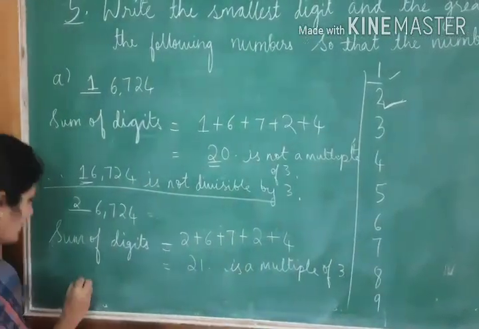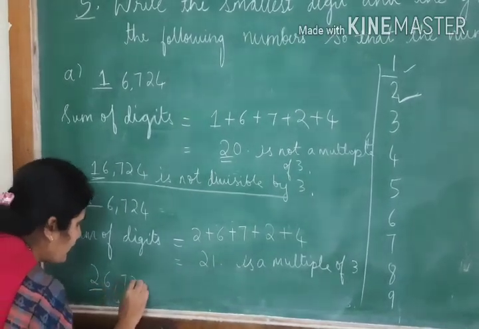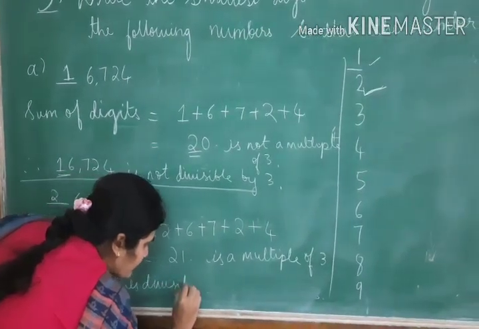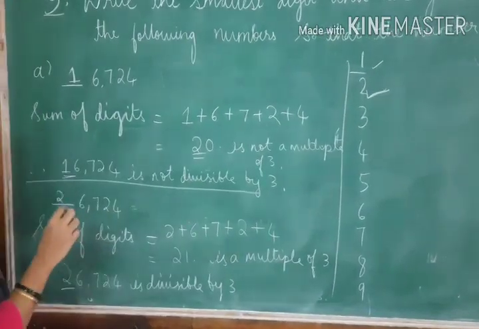Now we can say that the number formed, 26,724, is divisible by 3.